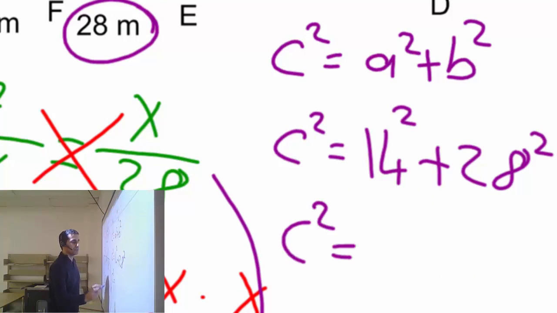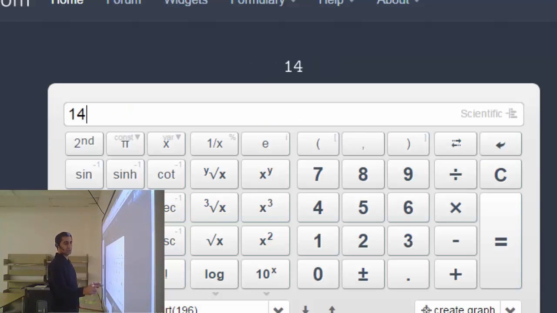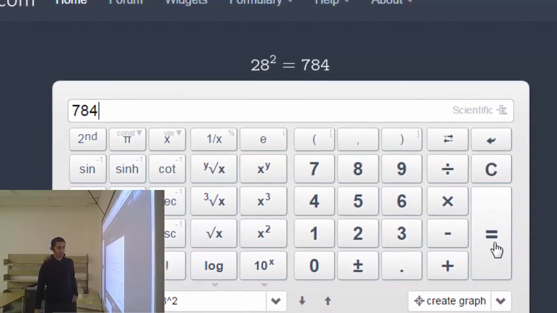C squared equals 14 squared, I remember that it was 196, plus 28 squared. Let's calculate that. 28 squared, oops, let's clear this first. 28 squared, 784.